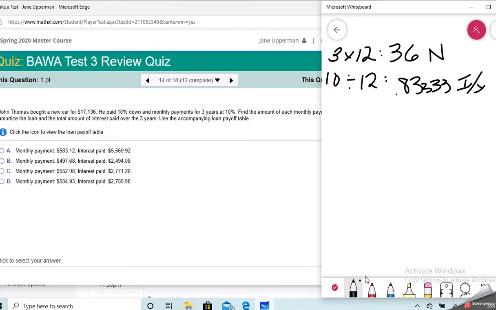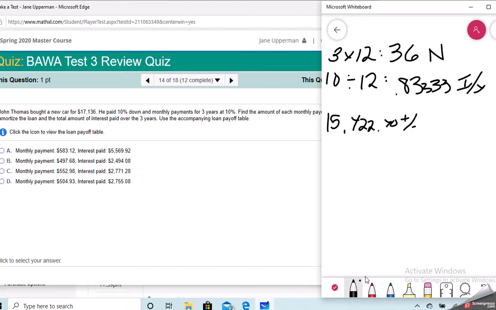Now the amount he borrows is what goes into our present value. So he bought the car for $17,136, but he put 10% down, or he's financing 90% if we want to use our complements. So if I multiply that by 0.9 or subtract 10% from it, I get $15,422.40.